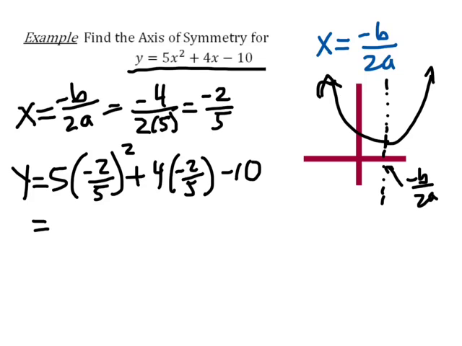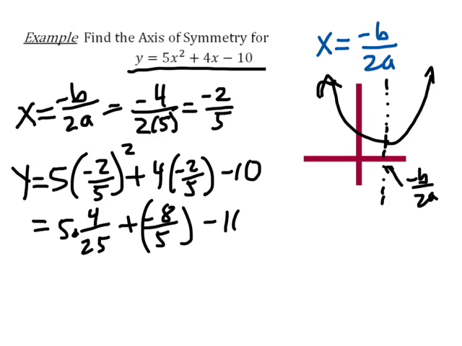And that's going to give us 5 times 4/25, plus negative 8/5, minus 10.